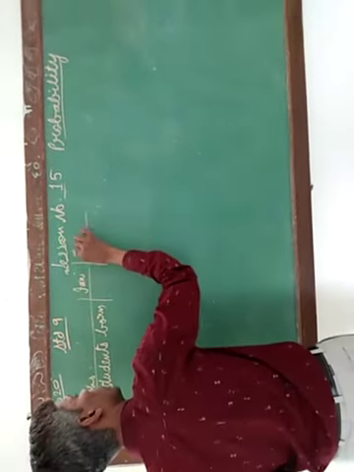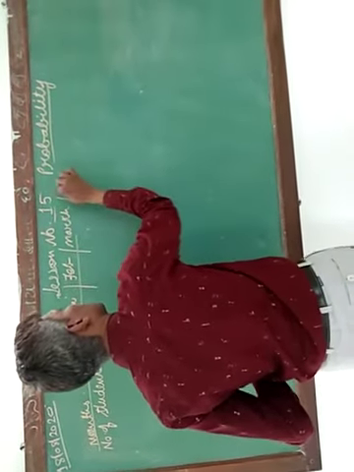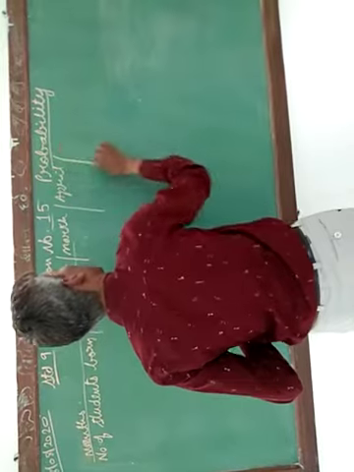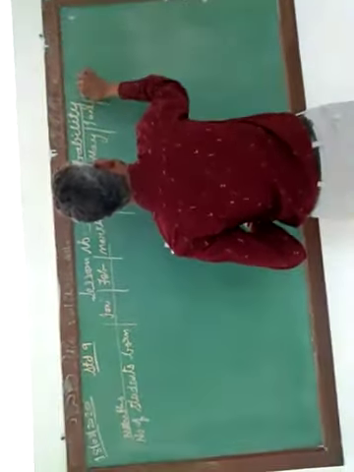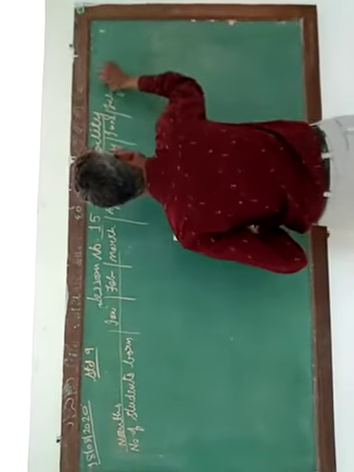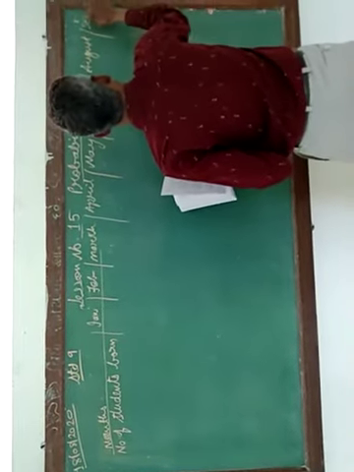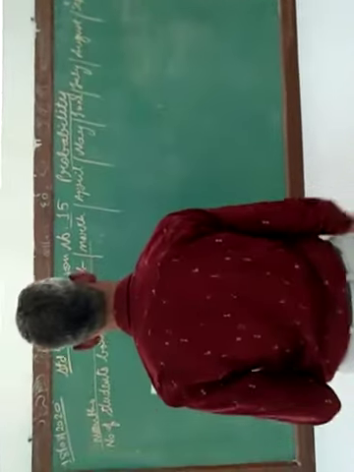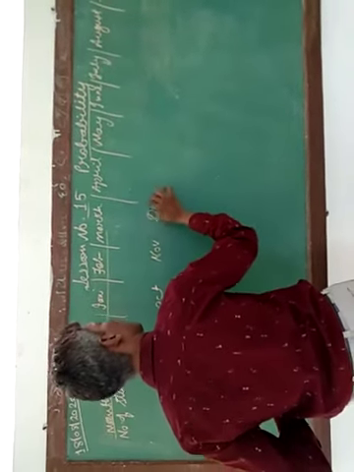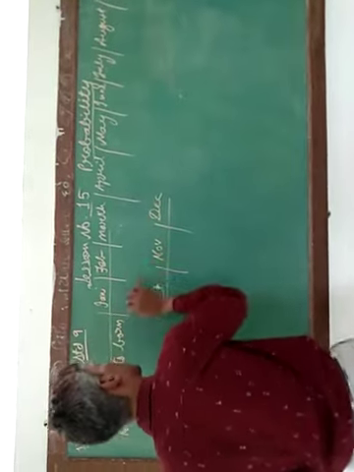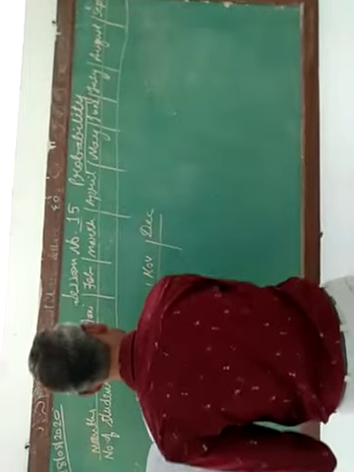January, February, March, April, May, June, July, August, September, October, November and December. The number of students born in each month is given in this graph.